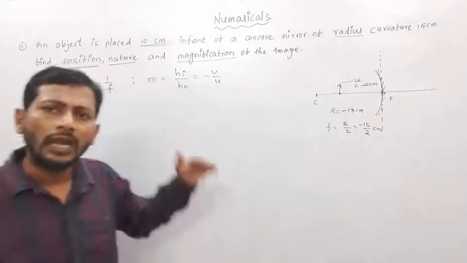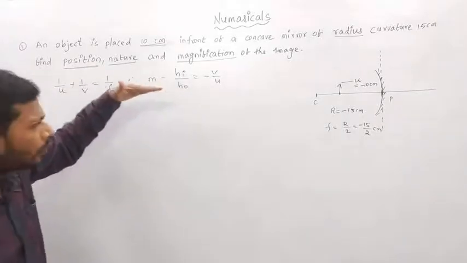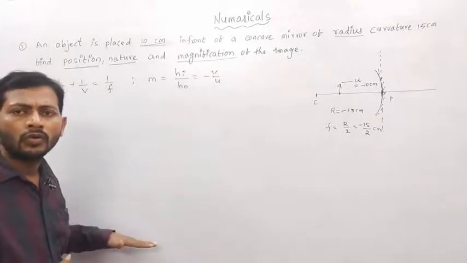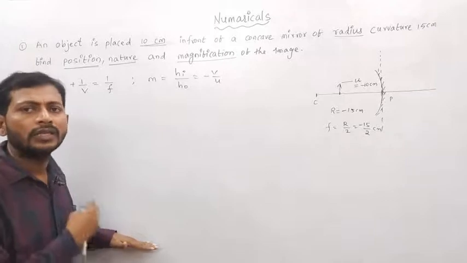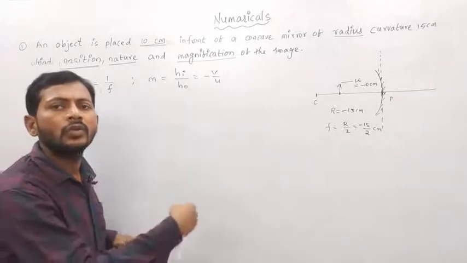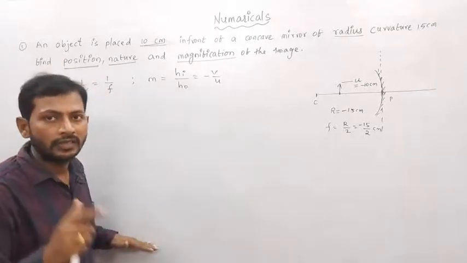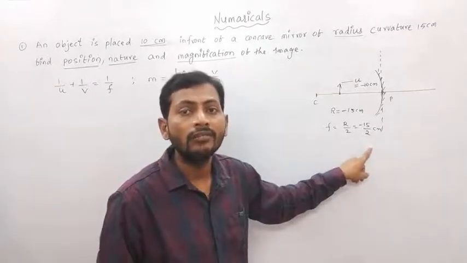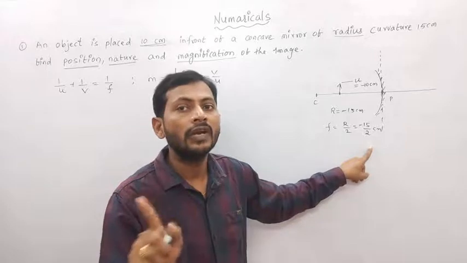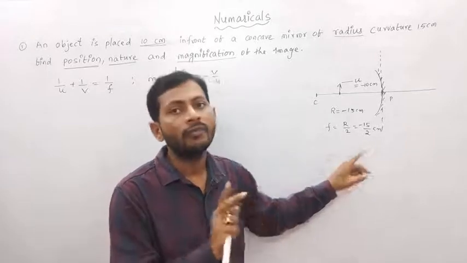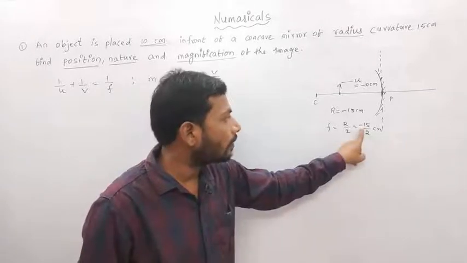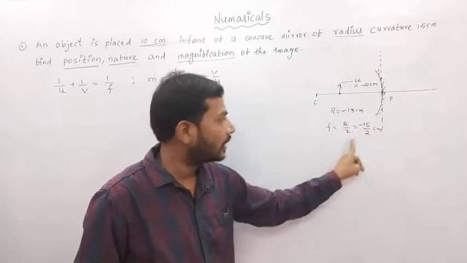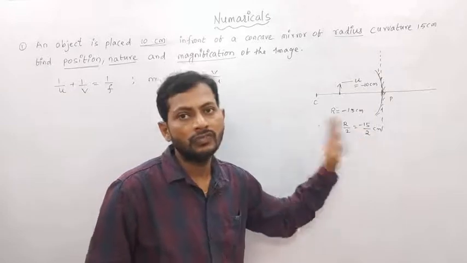So in the last step, up to where we are able to do the calculation we will do. When we reach the last step, there is no calculation left, then we solve the equation. Is it clear for you? That's why I don't like to write it in the decimal form 7.5. Directly I am writing 15 by 2. Here why I kept minus: the radius is on the left side, sir. The focus also will be on the left side. That's why I kept minus 15 by 2.